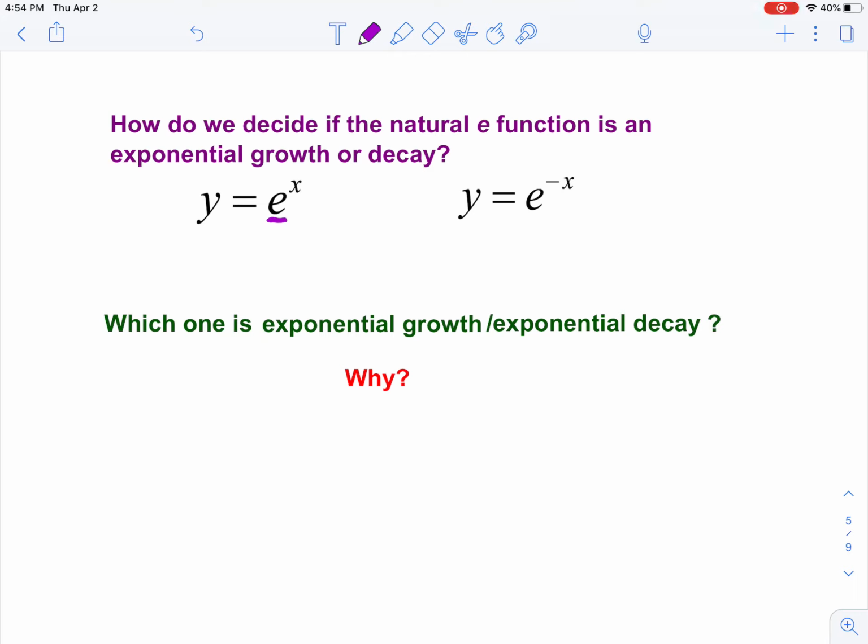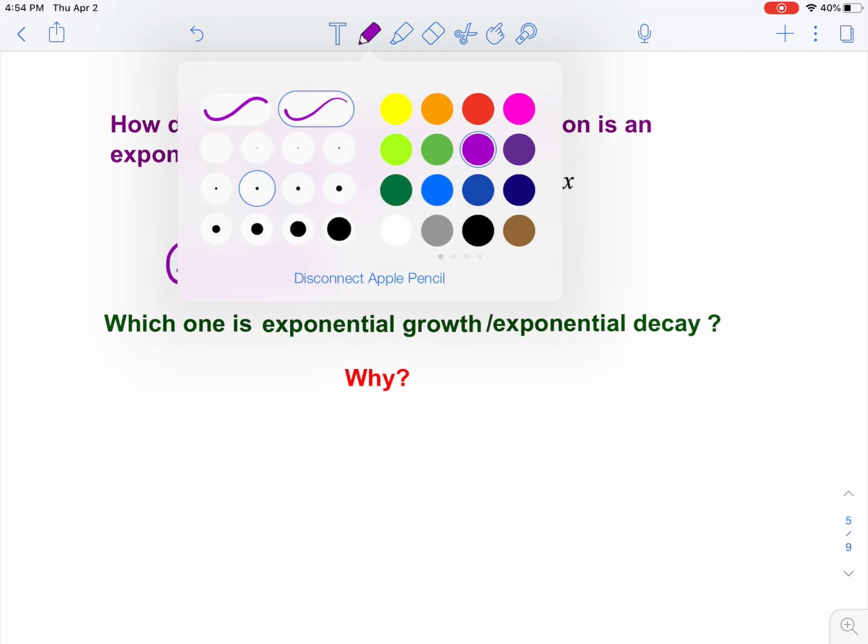Well, e to the first power is approximately 2.7. So we are going to look at a growth on this one. And you know that because your exponent is positive. All right, let's look at the next one.